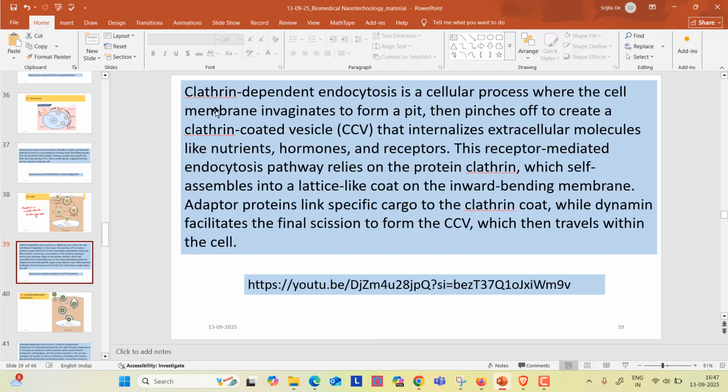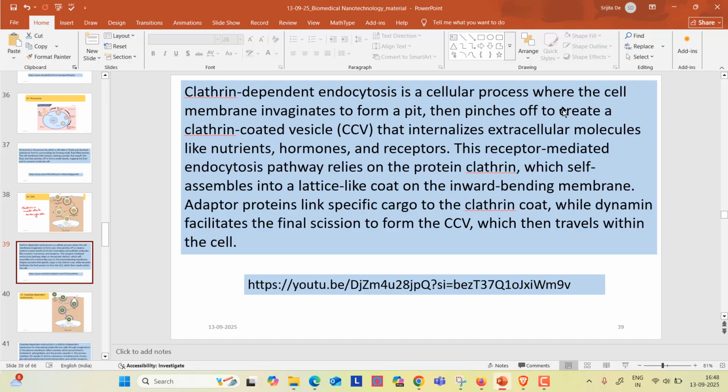So, clathrin-dependent endocytosis is a cellular process where the cell membrane invaginates to form a pit, then pinches off to create a clathrin-coated vesicle that internalizes extracellular molecules like nutrients, hormones, and receptors. This receptor-mediated endocytosis pathway relies on the protein clathrin, which self-assembles into a lattice-like coat on the inward bending membrane.